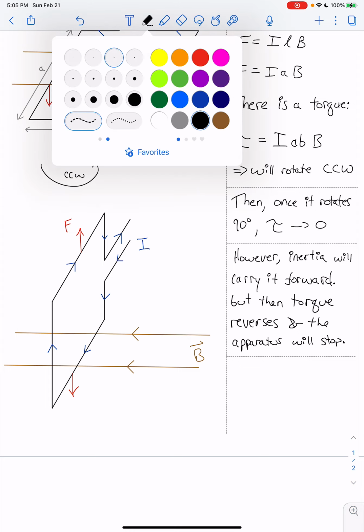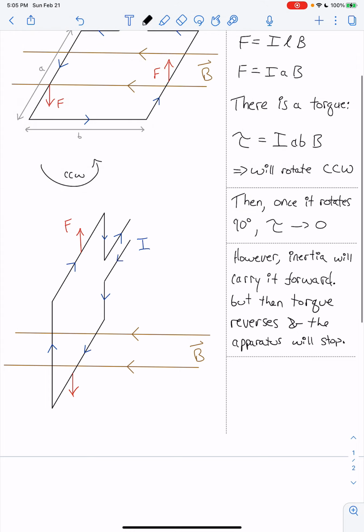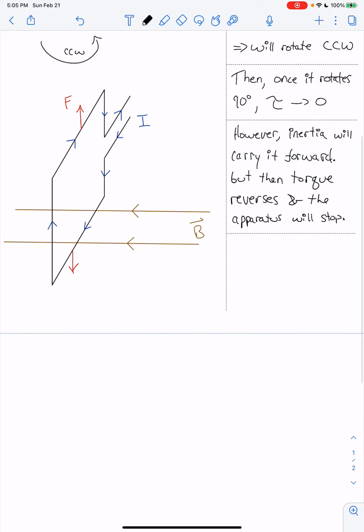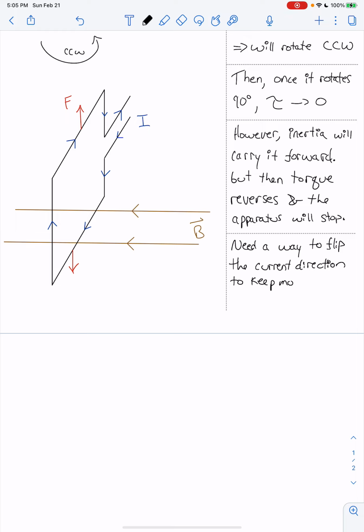So what we need is what is called a commutator. We need a way to flip the current direction to keep motion. And this is a commutator.